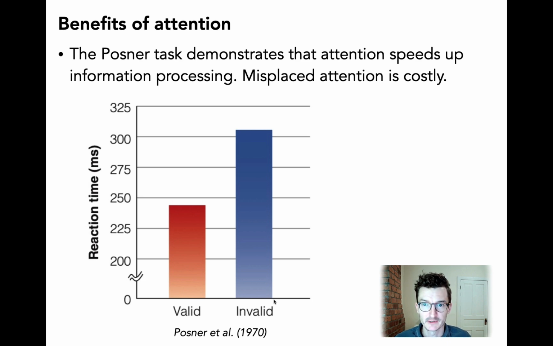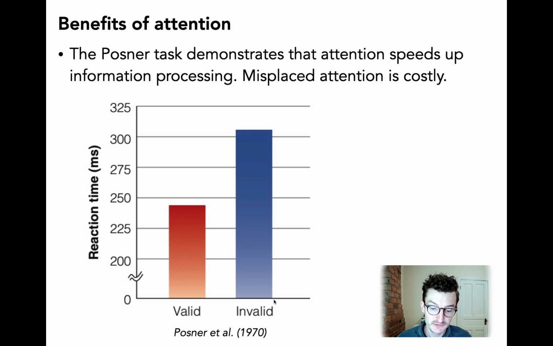So what's happening here is that it seems like attention is actually speeding up, facilitating visual perception. Right? If you're attending to a location in space and a target appears there, you're faster to respond to it than you are if your attention is elsewhere.